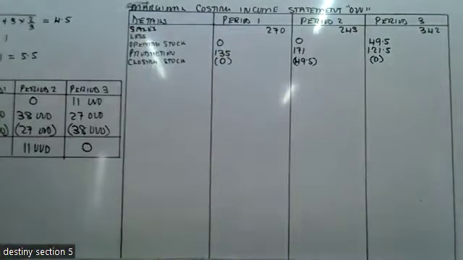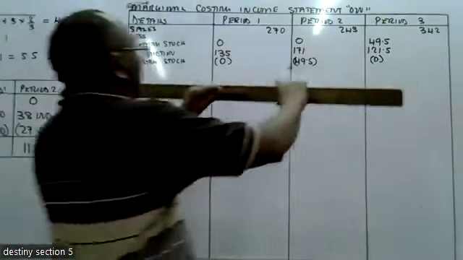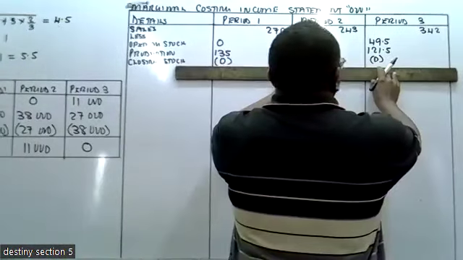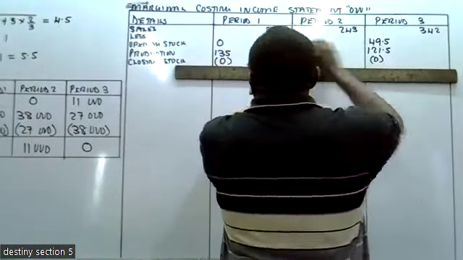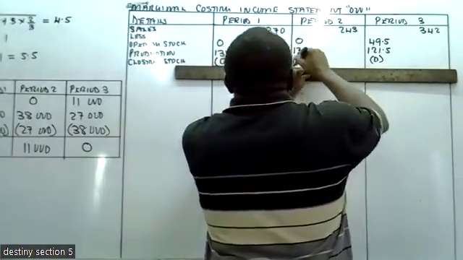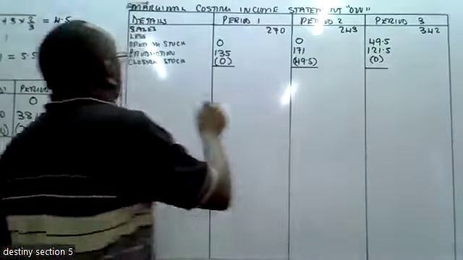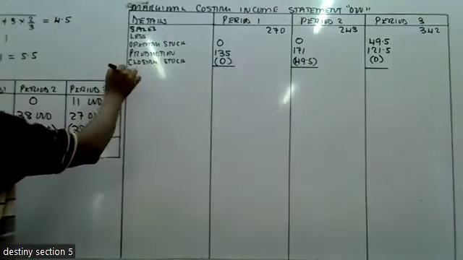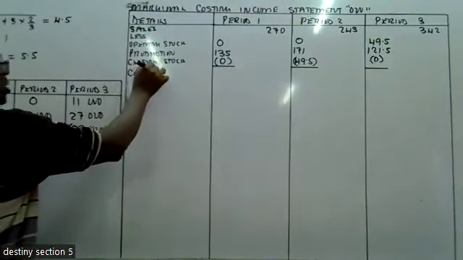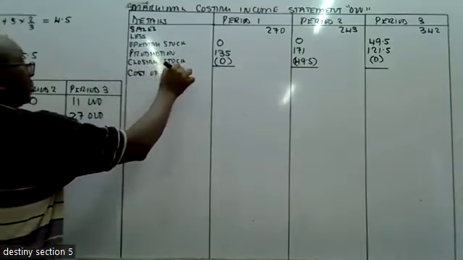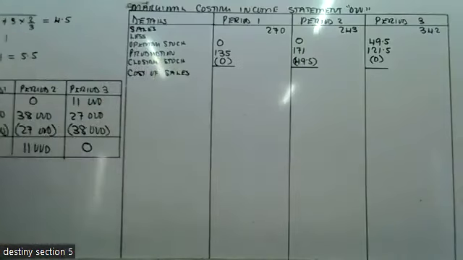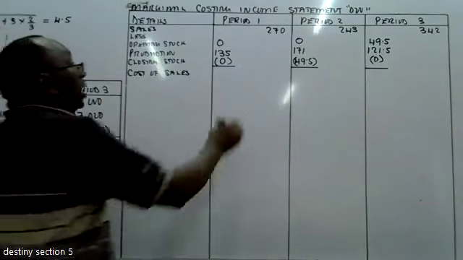So when you subtract, the answer that you get is called cost of sales. So in the first period, cost of sales is 135.